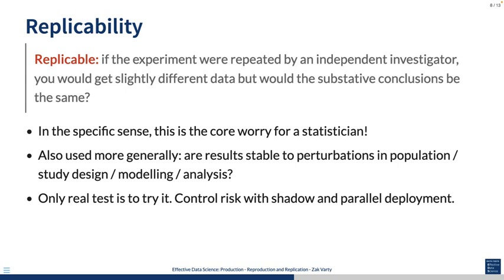This idea is the whole reason why data scientists make training and test sets in the first place, as an approximate way to test for this sort of ability to generalize. Whenever we do any of these things, we're asking ourselves, will this good performance replicate if we had different data, different inputs?